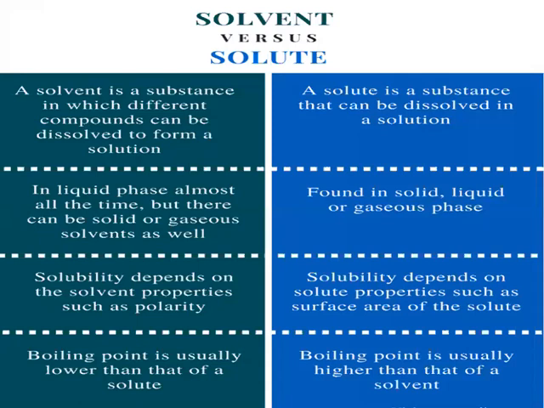A solvent is a substance in which different compounds can be dissolved, whereas a solute is a substance that can be dissolved in the solvent to form a solution. Solubility depends on solvent properties such as its polarity, and also on solute properties such as the surface area of the solute. The larger the solute, the greater the time it will take to dissolve in the solvent to form the solution.